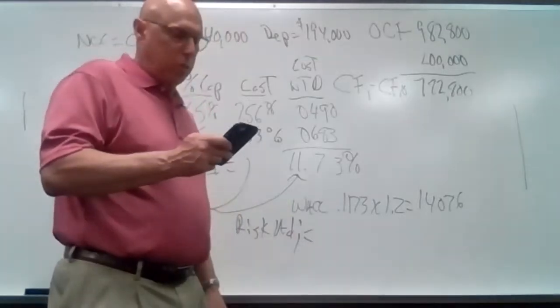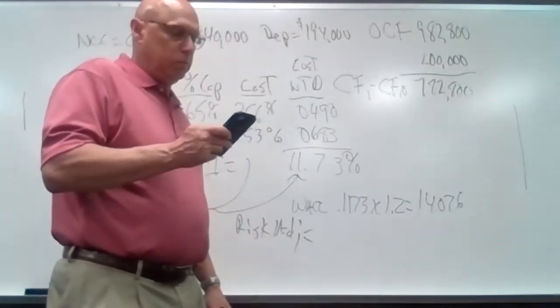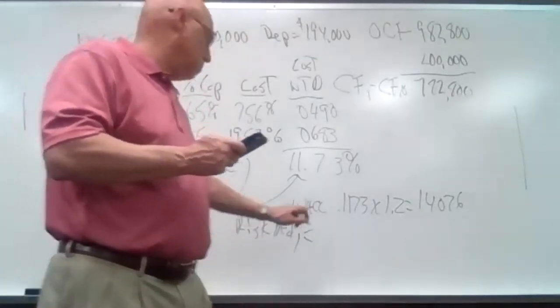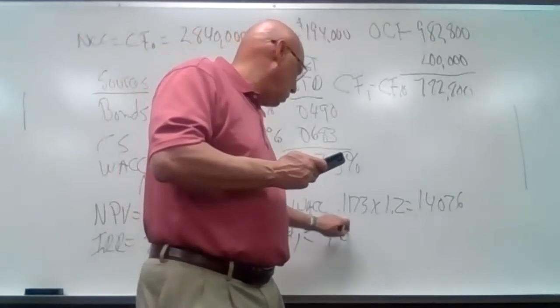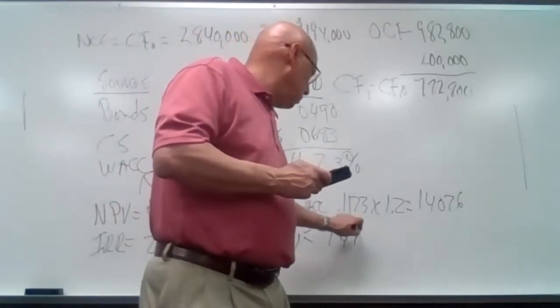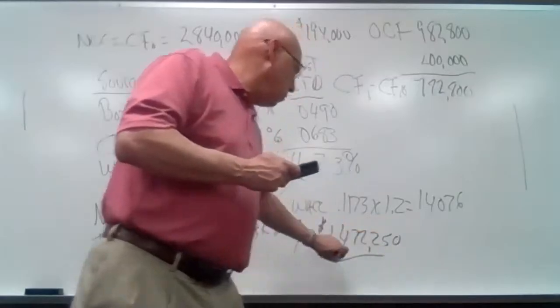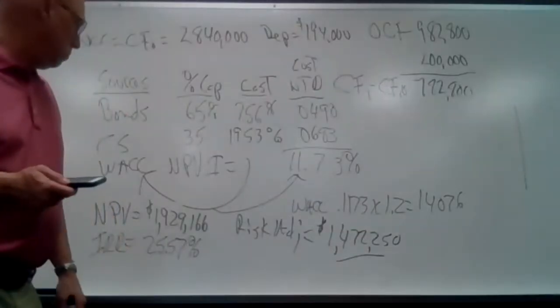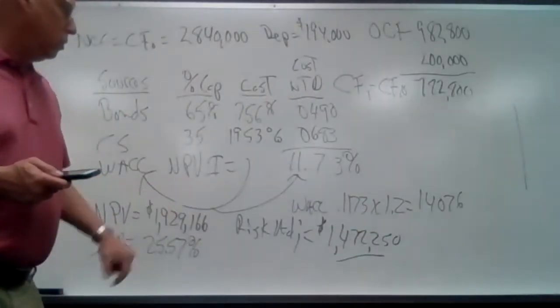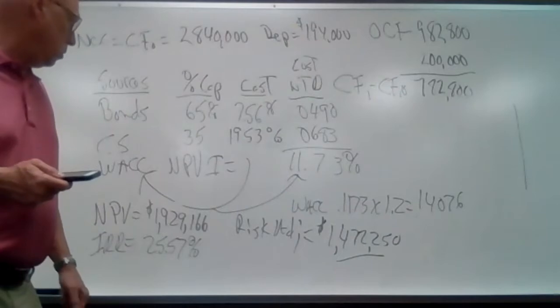I got 1,472,250. That's it. So that's the risk adjustment.